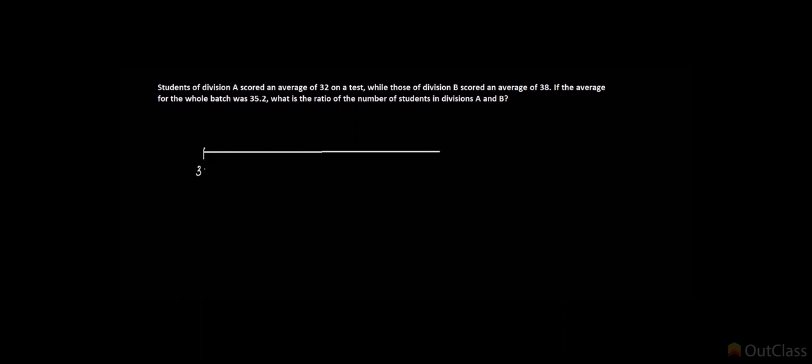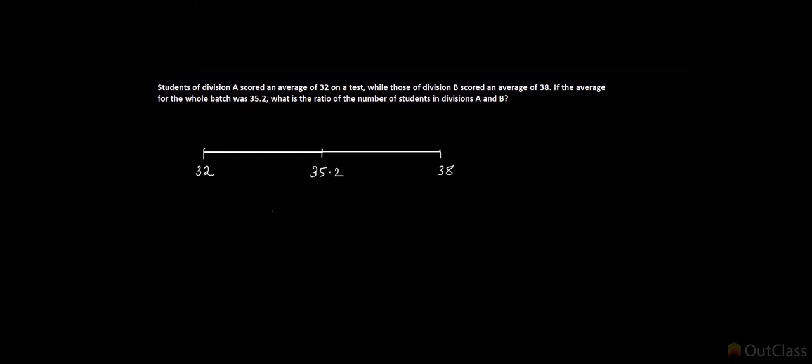The first component has a rate of 32 marks per person, that's an average. 38 marks per person, that's your second rate, and your weighted average is 35.2. What's missing is the mixing ratio. What is the number of students in division A and the number of students in division B? What is the ratio between that?